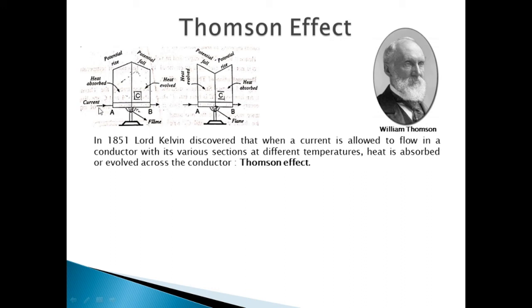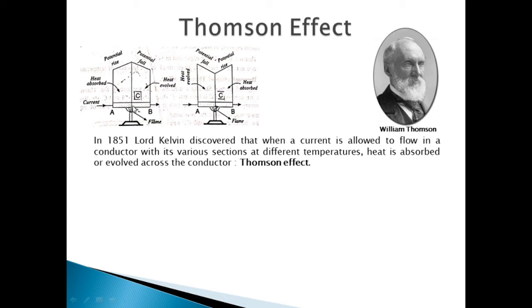So the current is moving from low potential to high potential area, which needs some kind of energy. Therefore it will absorb that energy from the atmosphere, and the net result is that this portion will be in a cold state.